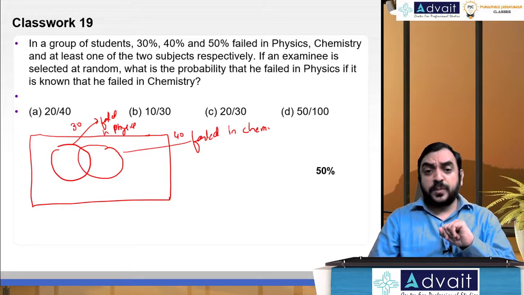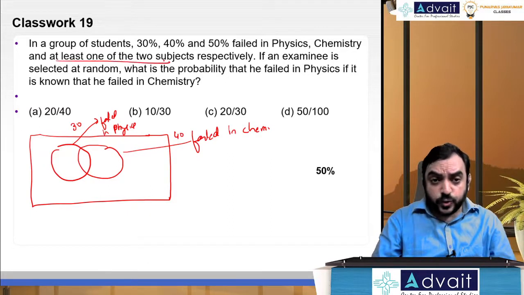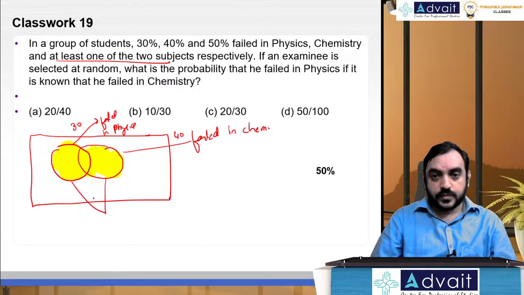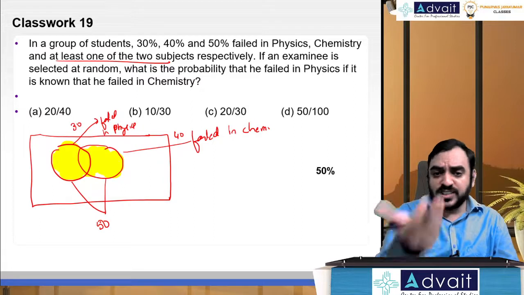And what is 50%? At least one of the two subjects. That means all the circles put together, the union of sets. First circle and second circle together, it is 50. Now using this, can you find out the intersection?